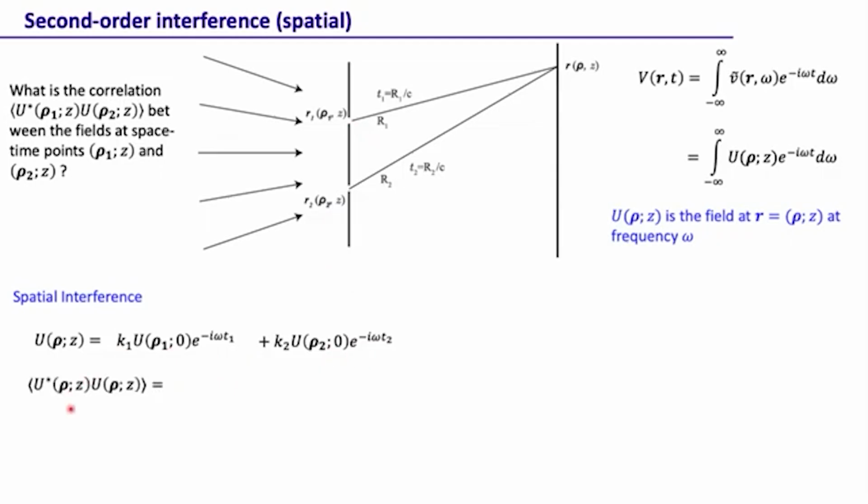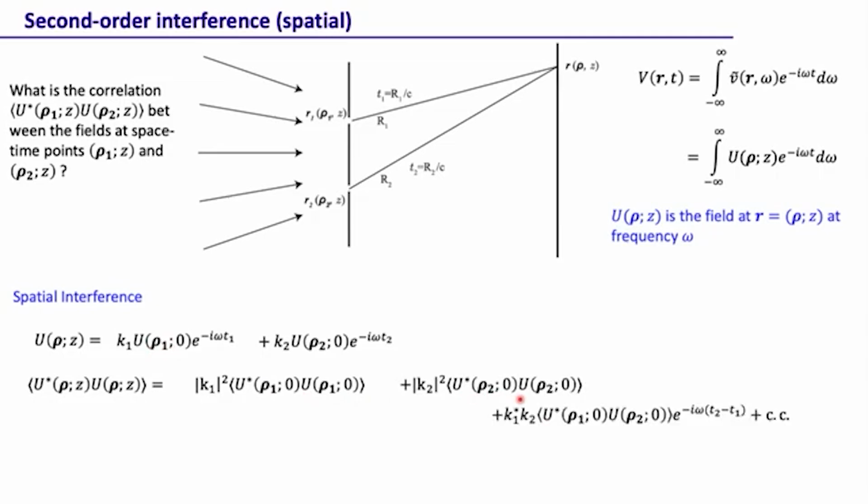Okay, now if we look at the intensity at rho z, that's this quantity U star(rho, z) U(rho, z), and if we just calculate it, we find that it has |K1|^2 U star(rho 1) U(rho 1), |K2|^2 U star(rho 2) U(rho 2), and then 2 cross terms. So we see the intensity at rho z has a component of intensity from rho 1, 0, a component of intensity from rho 2, 0, and then the cross term which represents the field correlation between these 2 points.